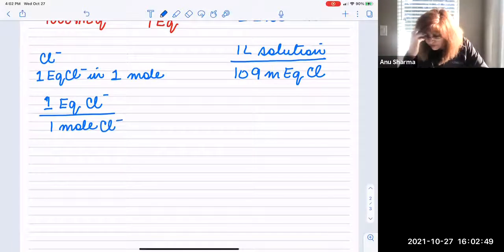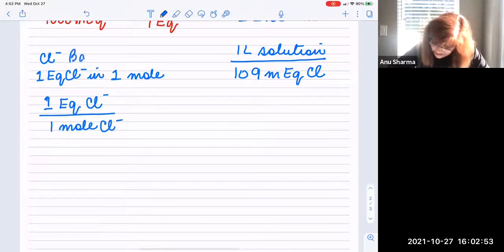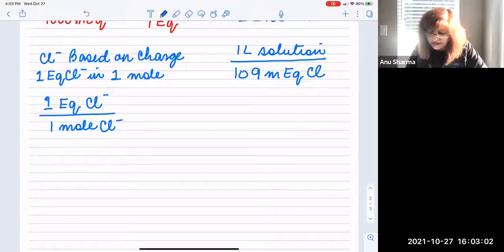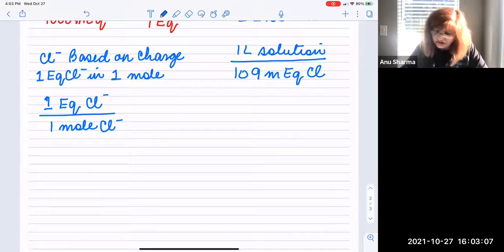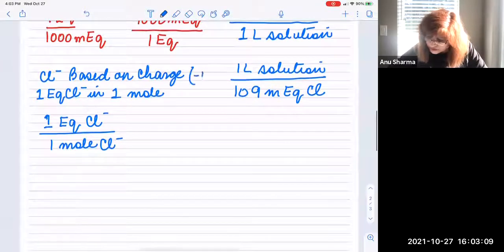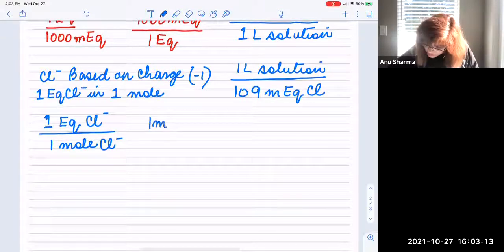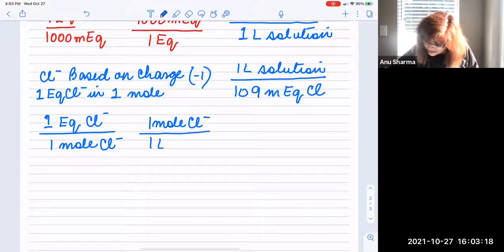This is based on the relationship between the charge and the equivalent, because the charge is -1. So this is the conversion factor, or 1 mole of chloride ion over 1 equivalent of chloride ions.